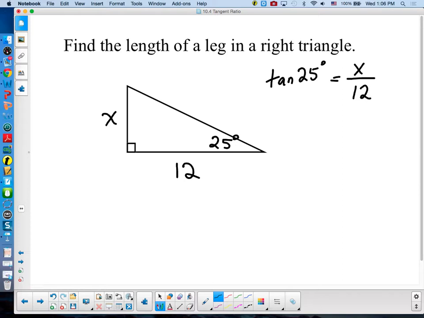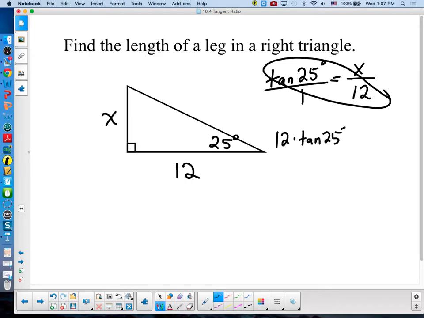Okay, now we can just solve this equation that you have and come up with the missing side. What you need to do to solve it, this tangent of 25 degrees, put that all over 1. And now it's going to be like the last chapter we were working on where you cross multiply. So we need to take 12 times the tangent of 25 degrees, and that's going to equal 1 times x, which is just x.